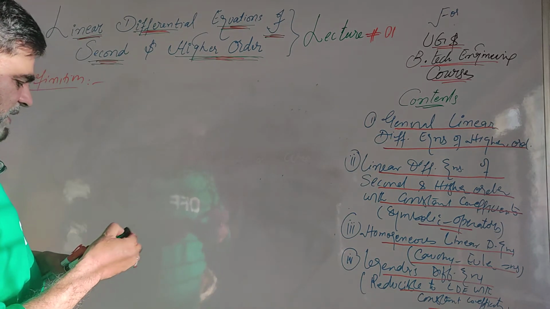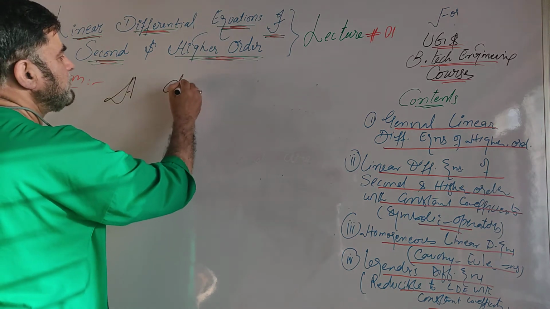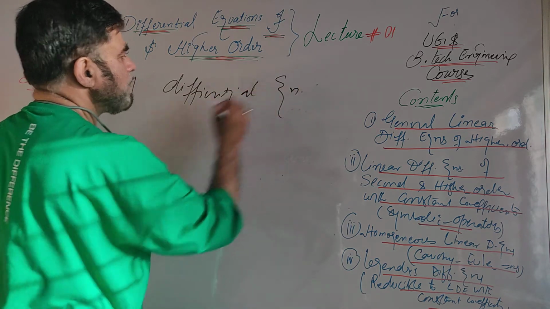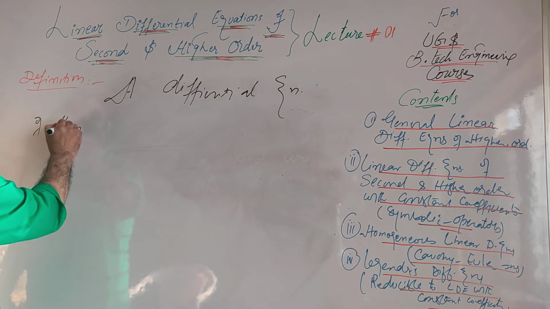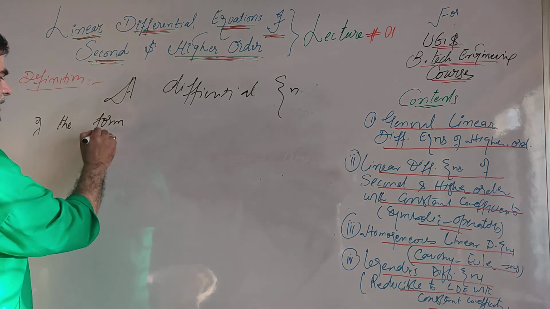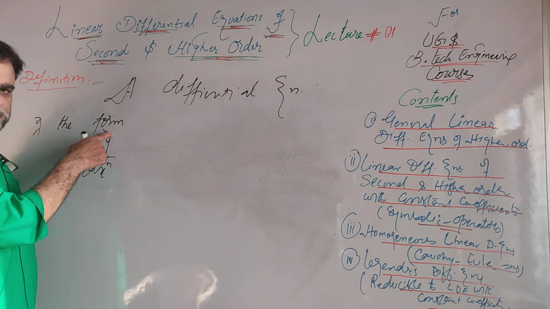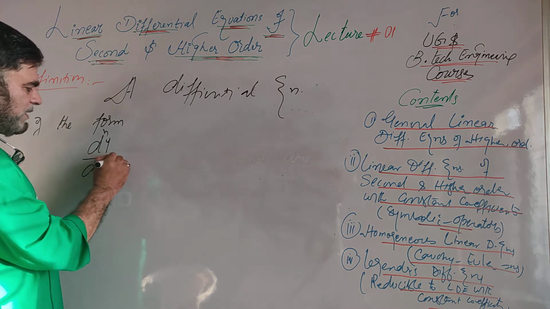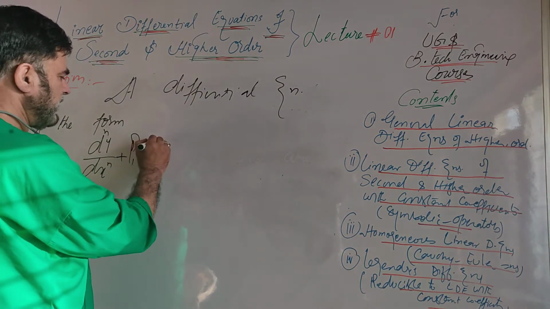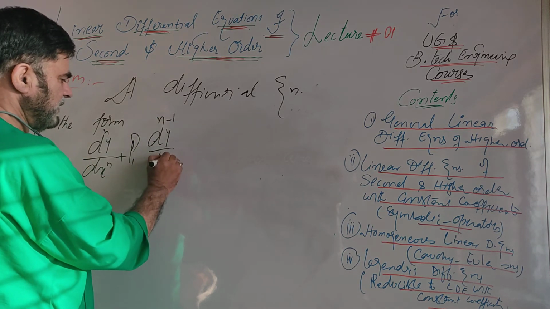So accordingly we say a differential equation of the form dny by dxn, the nth order derivative, plus, let us write here a constant coefficient p1, times the n minus 1 derivative, dn minus 1 y by dx n minus 1.